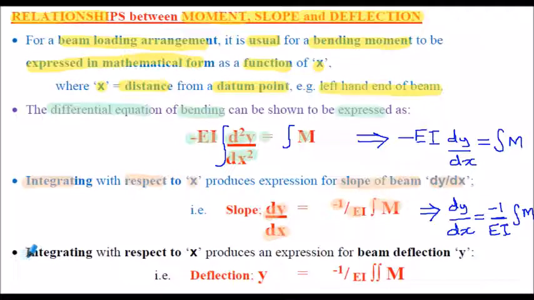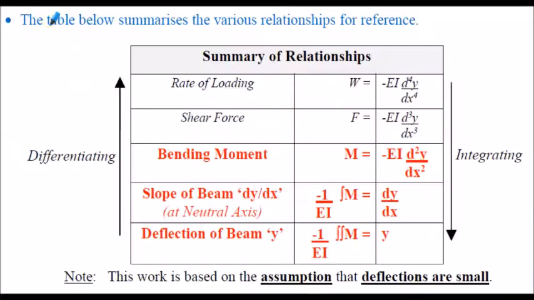If we integrate again with respect to x, this now produces the equation for the beam deflection we've denoted as symbol y. So the deflection y is equal to negative 1/EI multiplied by the double integral of the bending moment expression. The table below now summarizes the previous relationships for reference.